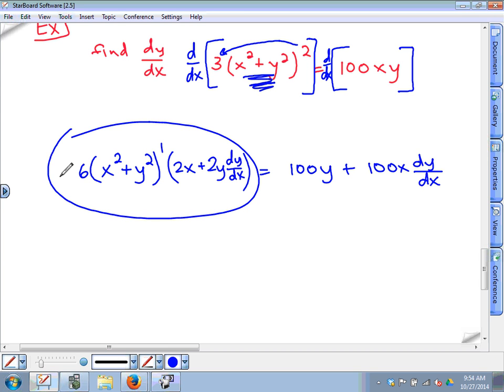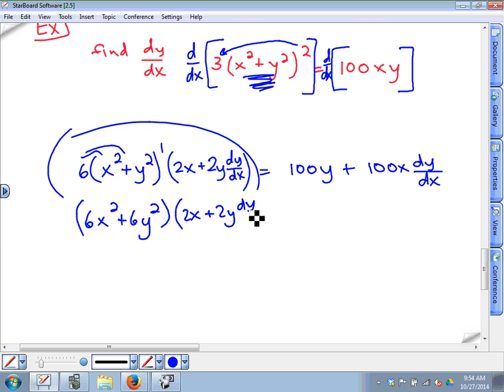So let's simplify this. Multiply it all together. First distribute the 6. You guys can do that, right? Yeah, we can do that. 6x squared plus 6y squared, and that's multiplied by 2x plus 2y dy dx. Now we've got to multiply those two together using FOIL, if you want to.